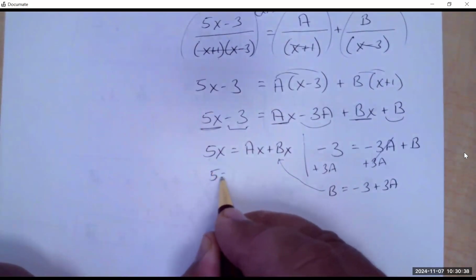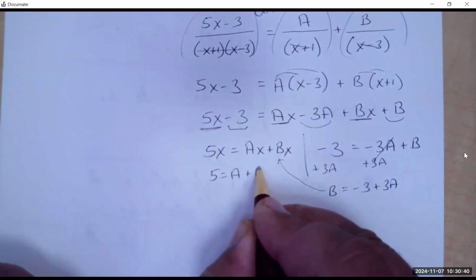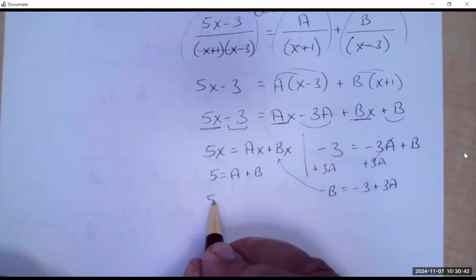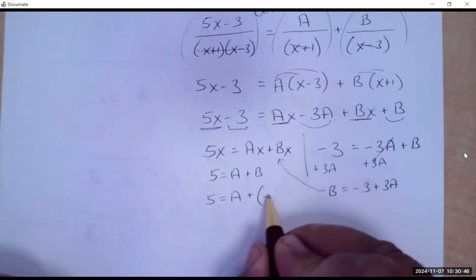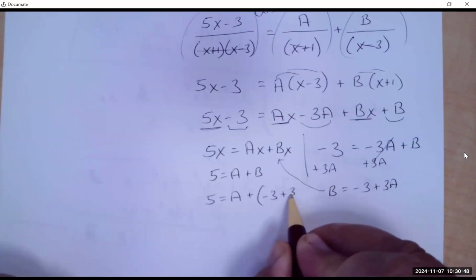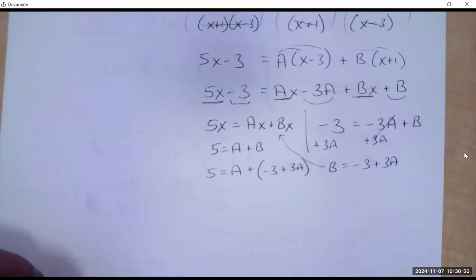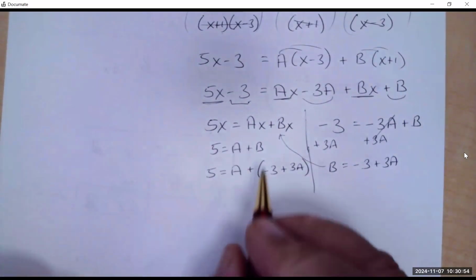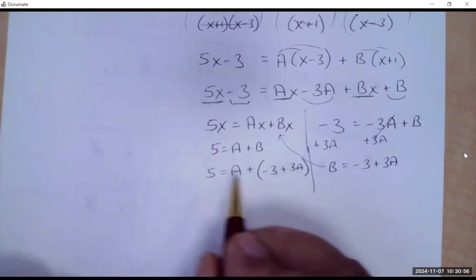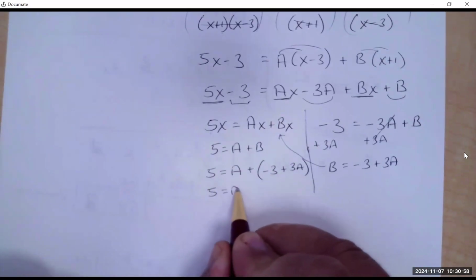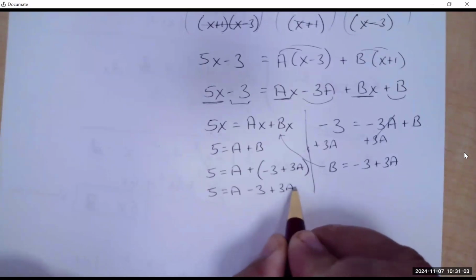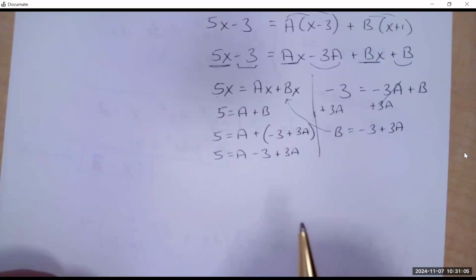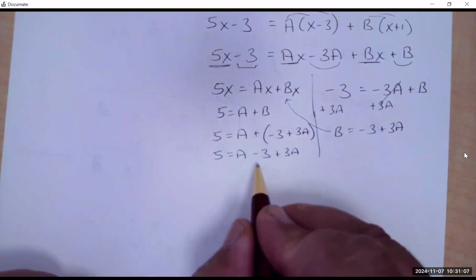So this is the same thing as 5A plus B, and in place of B I put negative 3 plus 3A. Since that's a plus, I could just drop the parentheses: 5A minus 3 plus 3A.